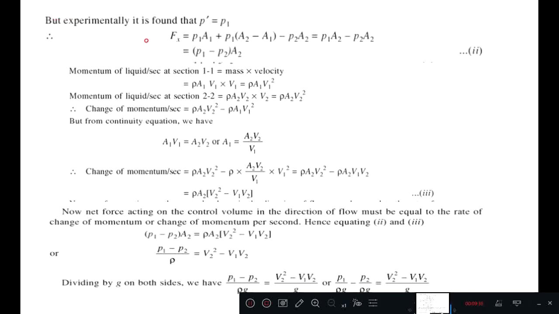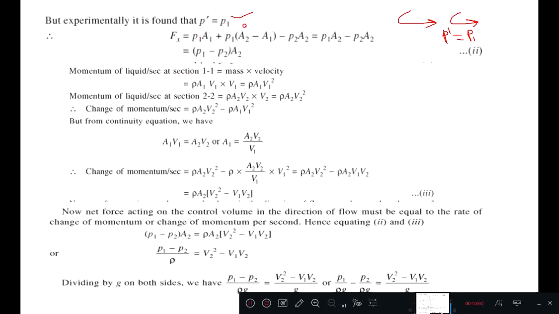Experimentally, it is found that the pressure acting due to the eddies, which is considered as P dash, has an intensity equal to P1.